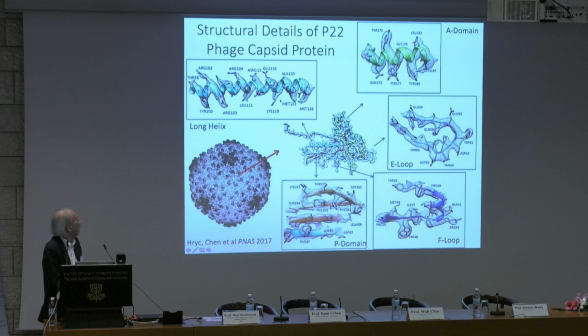As you can see, all the side chain density fits the model quite nicely. This long helix, short helix, a loop, another loop, and beta strands are clearly resolved. So you can see the model we built actually agrees with the experimental observation, namely the density of the potential functions of the objects.